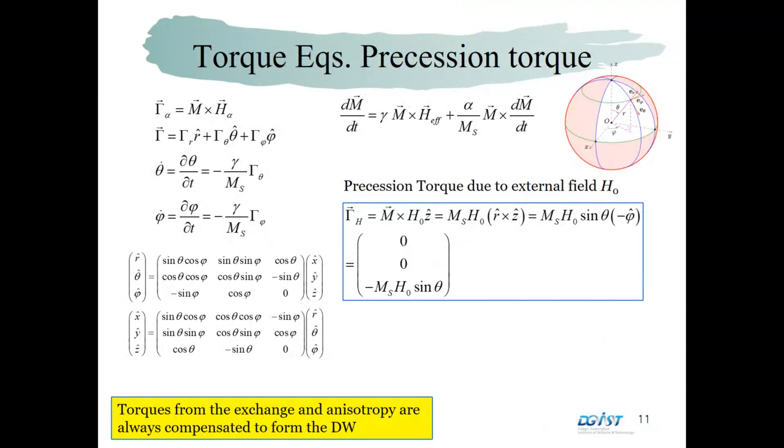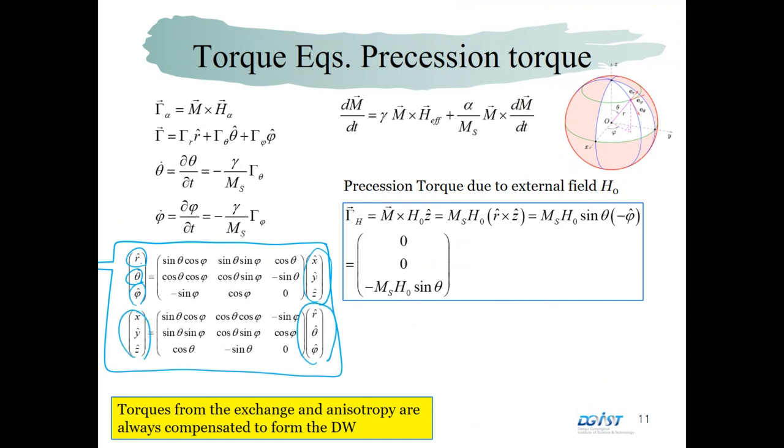Okay, so from now on, I'm using some mathematics, the spherical coordinate system. You should remember this relation. You can convert the x, y, z unit vectors to the r, theta, phi unit vectors, or you can convert from r, theta, phi to the x, y, z unit vectors.